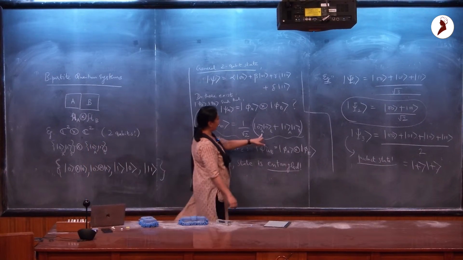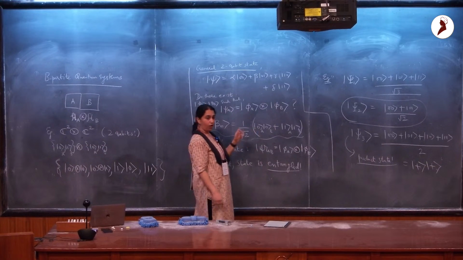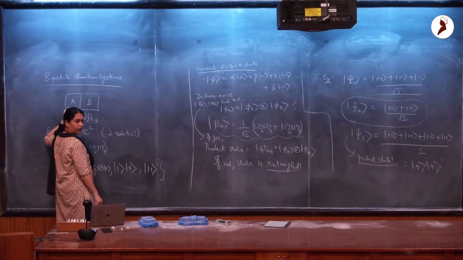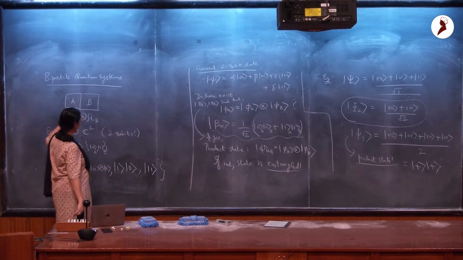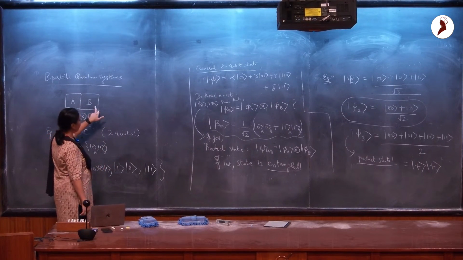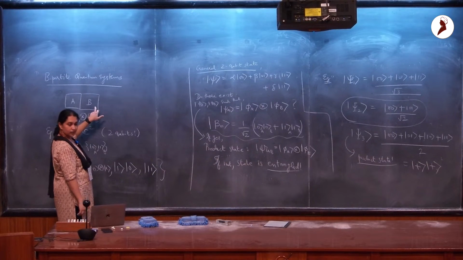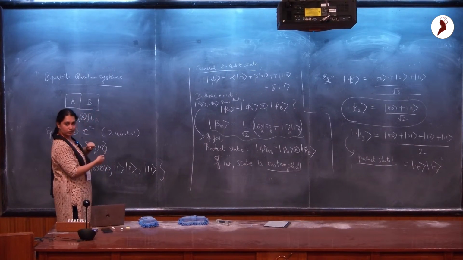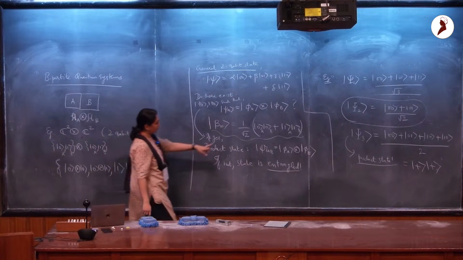And if I make a measurement of sigma Z on subsystem A, and I get a particular outcome, then if I make a measurement of sigma Z on the second subsystem, I can only get a specific outcome there, right? These outcomes are correlated. That is what this is telling me.